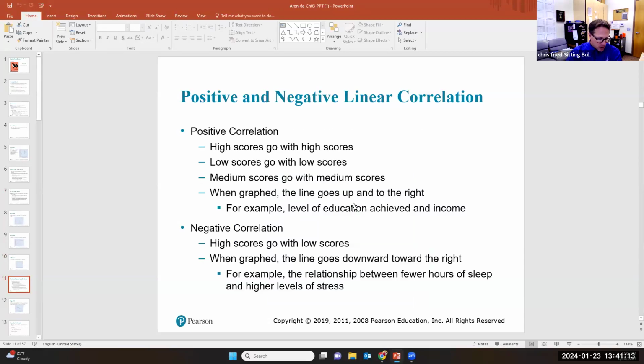Now we can also have a positive and a negative linear correlation. Positive correlation means high scores with high, low scores with low, medium with medium. When graphed, the line goes up and to the right. Negative correlation means high scores go with low scores, and when graphed, the line goes downward to the right.